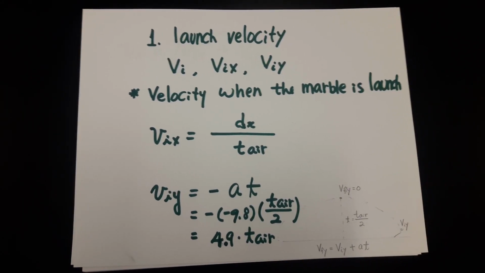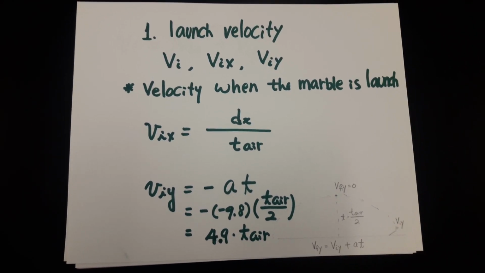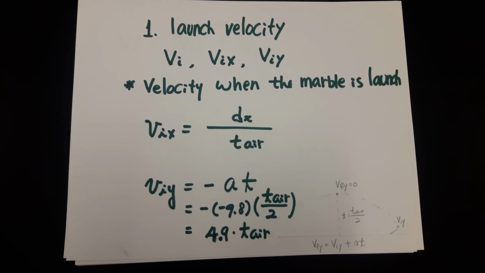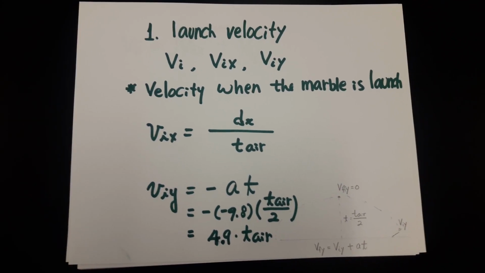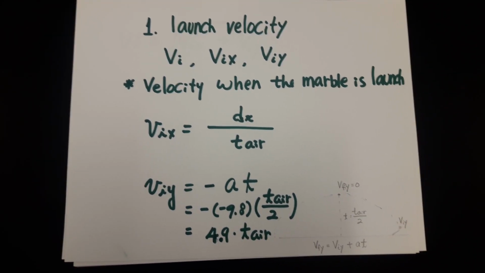So launch velocity is denoted as Vi, and x component of launch velocity is Vix, and vertical component of launch velocity is Viy.